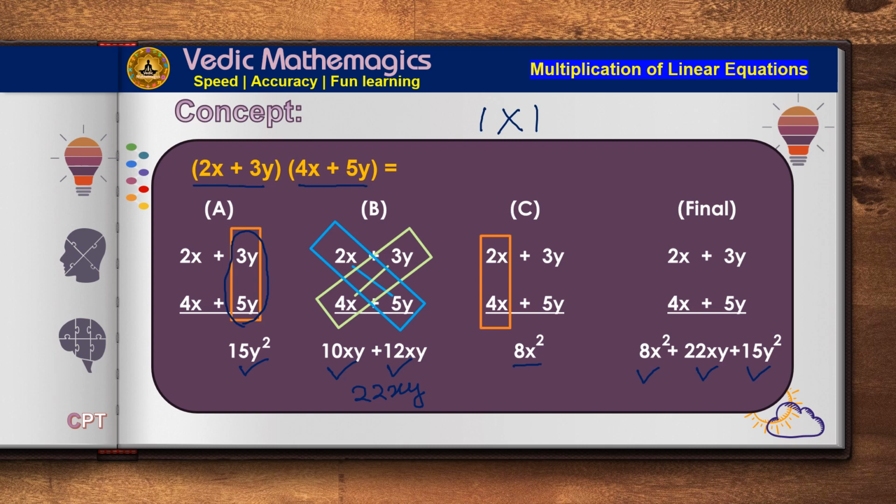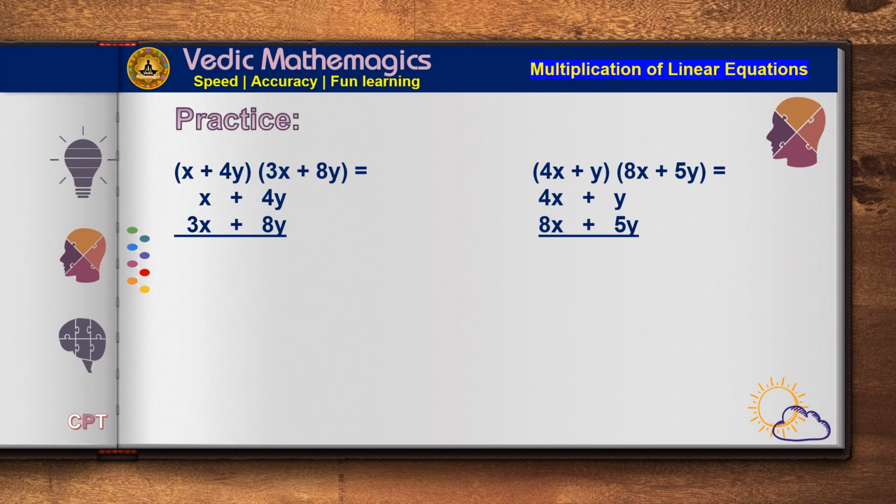Now we are going to understand some more questions along with some more examples. Here two questions are already given, and now we are going to calculate them. As we are going to follow the IXI multiplication technique, which is ultimately known as the vertically and crosswise pattern. Now we are going to start. First of all, these two terms have to be multiplied.